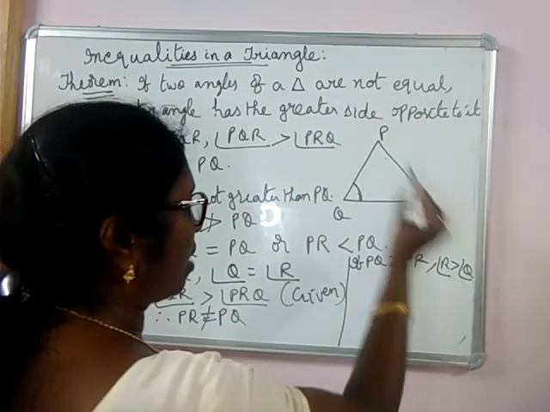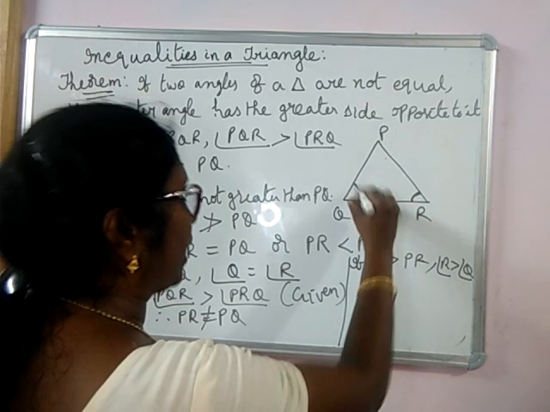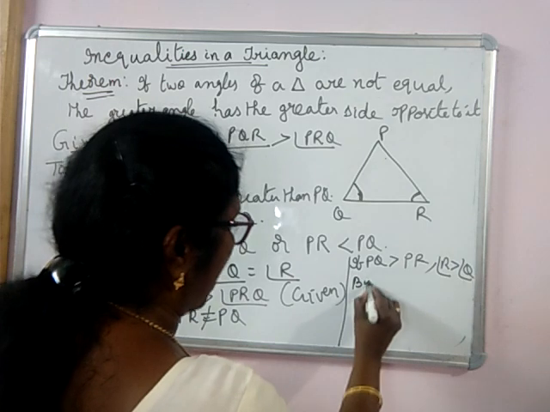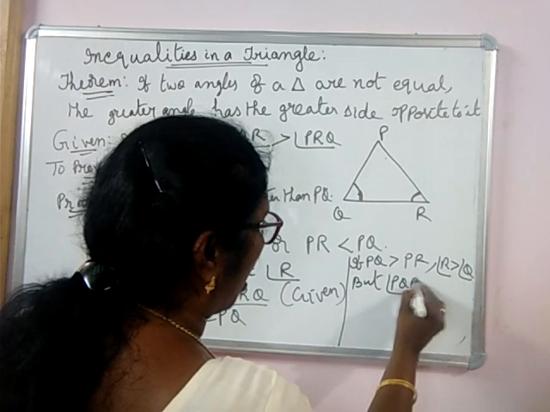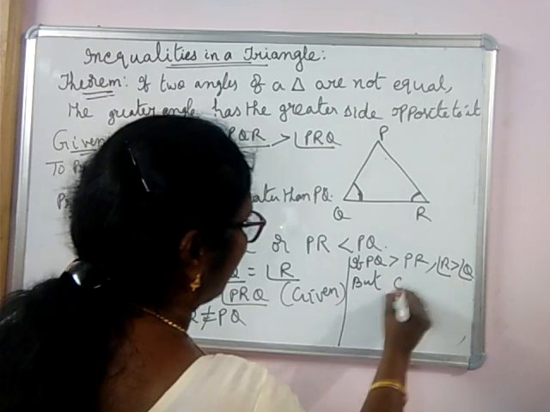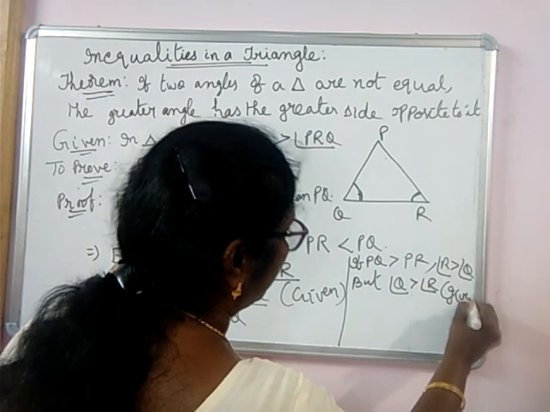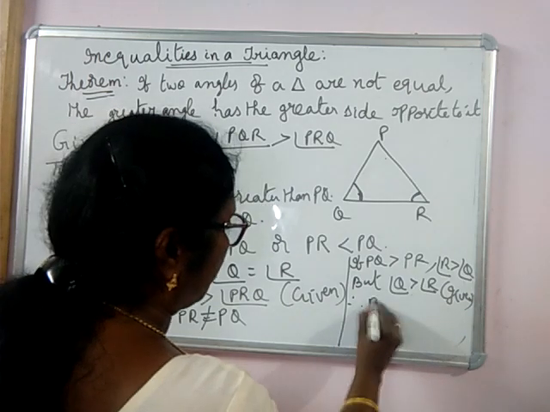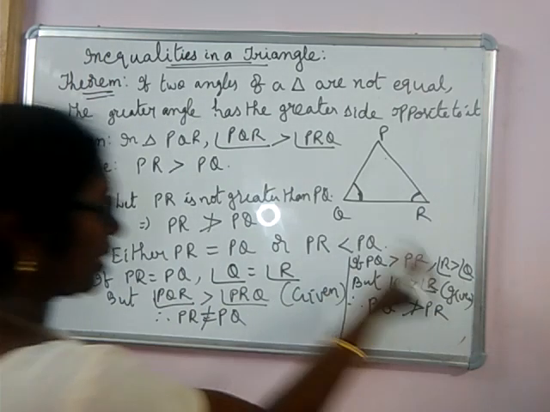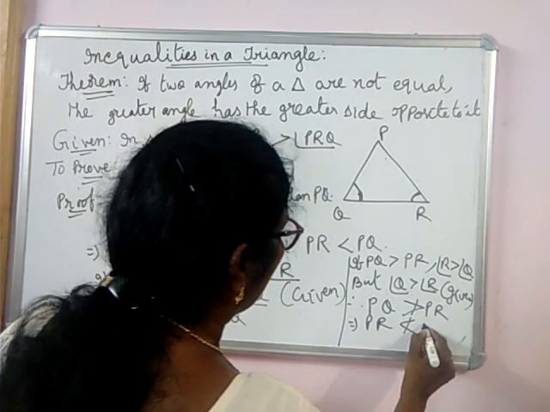Opposite to PQ is angle R, opposite to PR is angle Q. But it is given that angle PQR, or Q, is greater than angle R. Therefore, PQ is not greater than PR. That implies PR is not smaller than PQ.